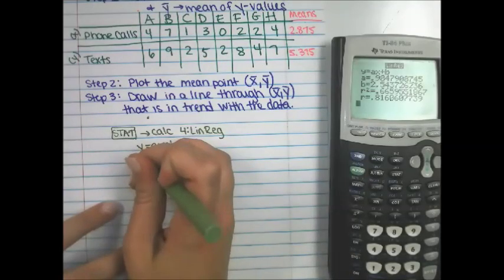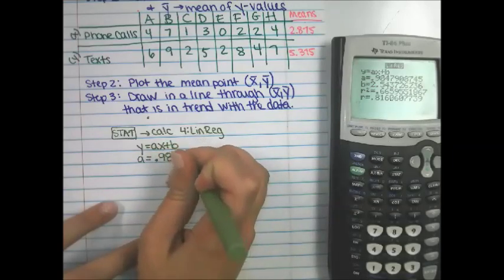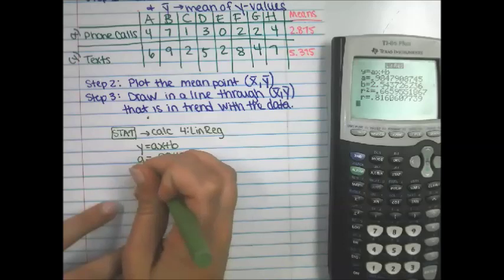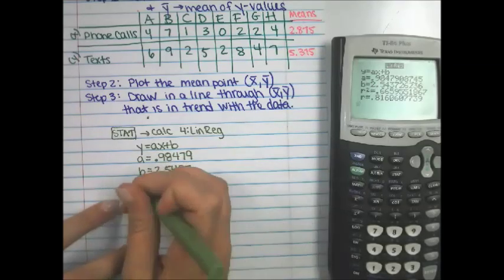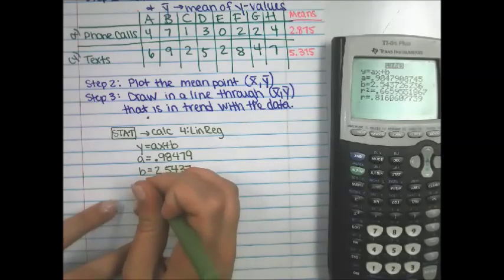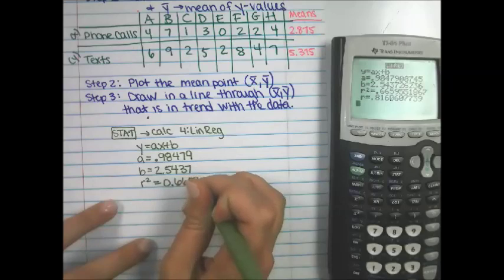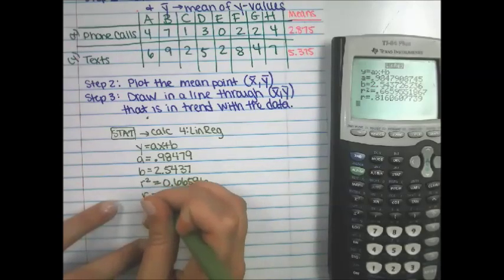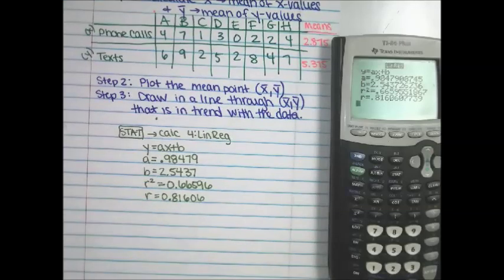They tell you your a value. They tell you the b value. They tell you the r squared value. They tell you the r value.